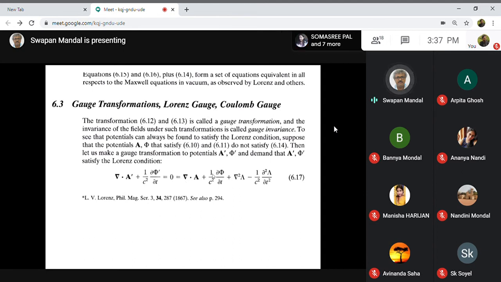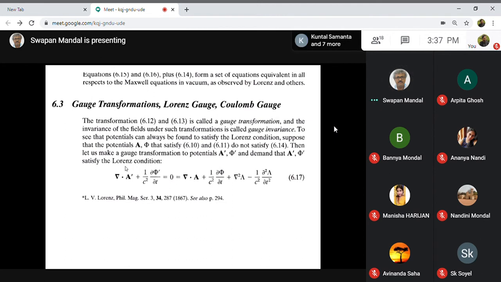This Lorentz condition, later on we call it the Lorentz gauge condition, is actually invariant in some sense; that is, it fits in the special theory of relativity automatically. Why? Because it is independent of coordinate system.